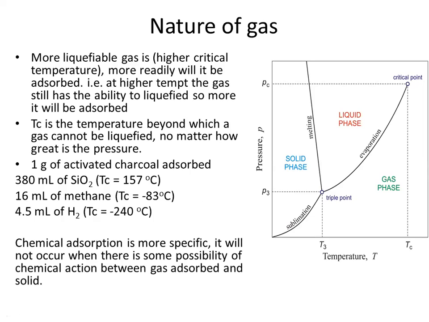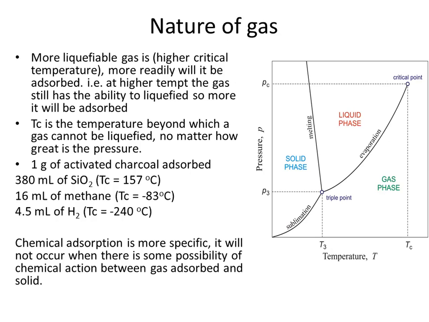This is the critical temperature. So a gas having a higher critical temperature will be more adsorbed on the surface of the adsorbent. At high temperature the gas still has the ability to liquefy, which means it will be more adsorbed.